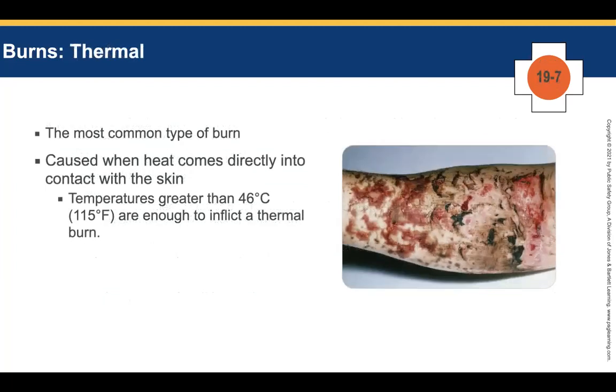All right, thermal, most common type of burn. Mike, do we need to take a break here while you get your file? Yeah, do you want me to upload that file right now? Yeah, why don't we go ahead and upload this. This is a file specific to protocol for us. So it's coming in right now.